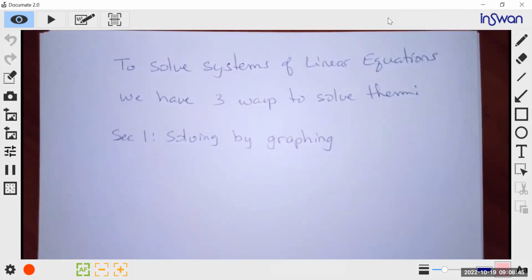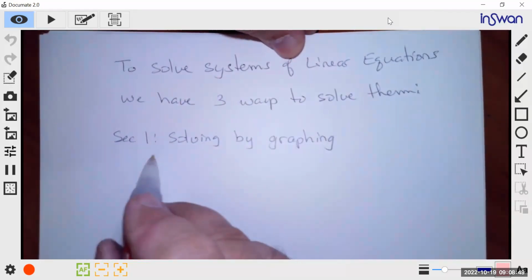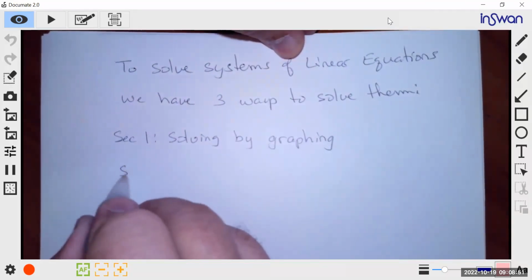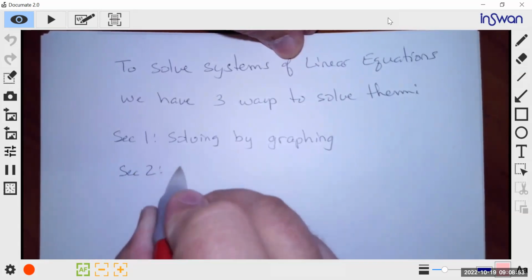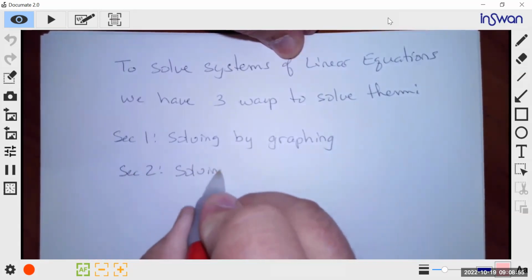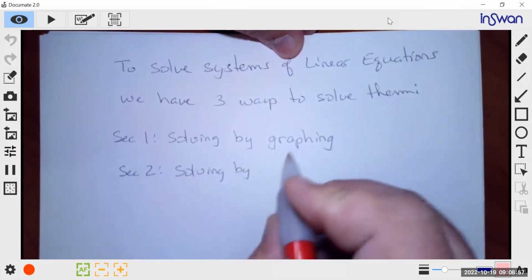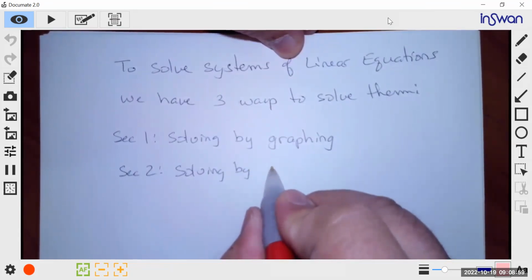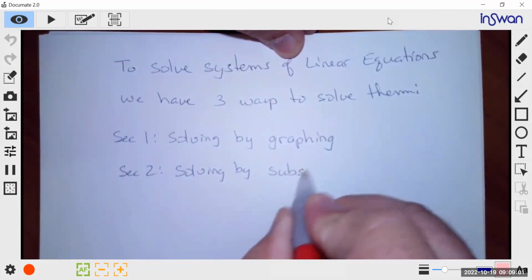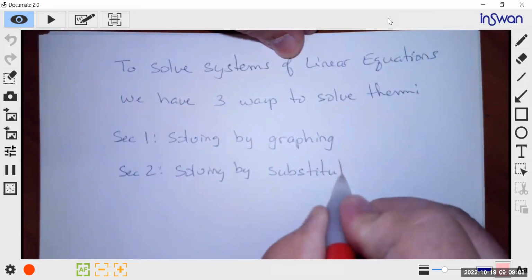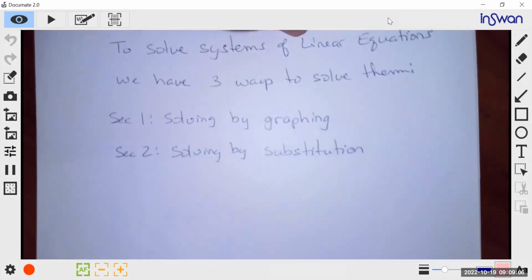Where the two lines cross or overlap. So the first section, we're going to talk about graphing. Section 2, solving by substitution.